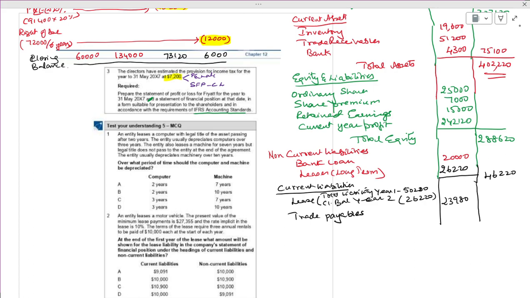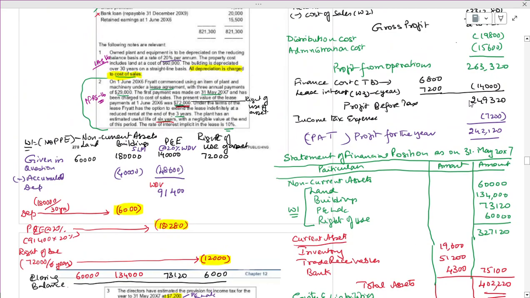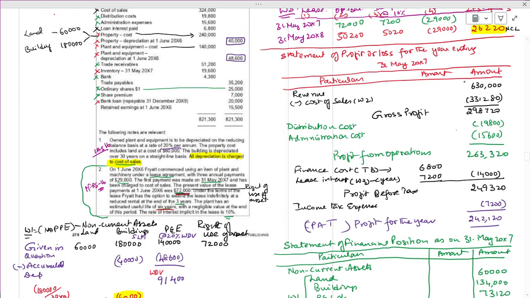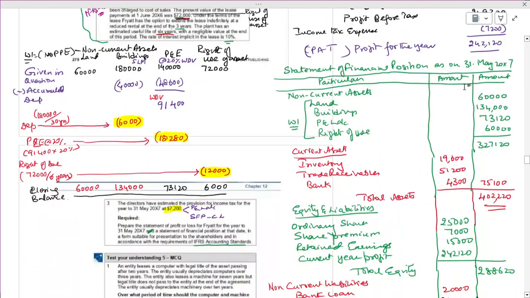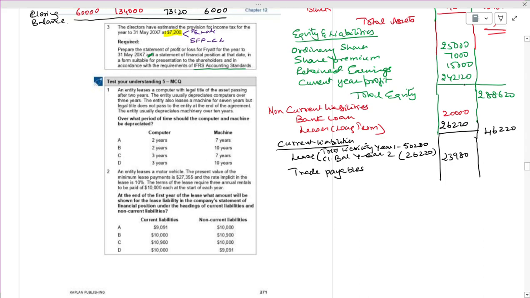Trade payables. How much are the trade payables? 35,200. Is it okay?